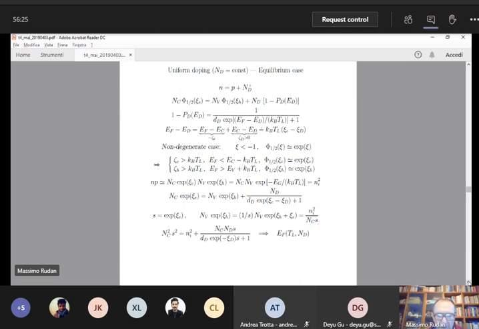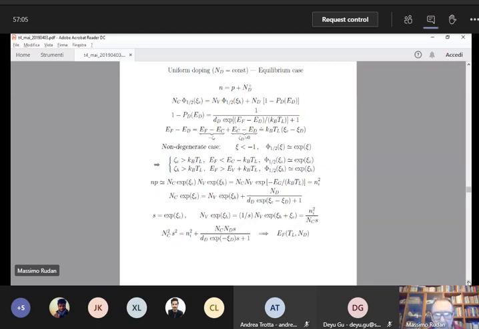At absolute zero, all the states of the valence band will be filled. But also all the donor atoms will be filled with one electron, because there is not enough energy for the electrons of the dopants to transit into the conduction band, okay? So the concentration of the ionized donors at 0 Kelvin is 0. And obviously the conduction band is also empty, okay?